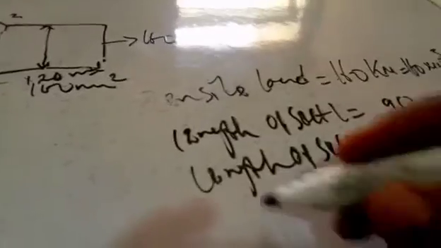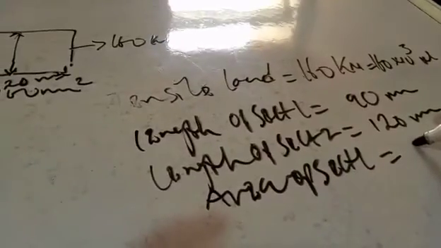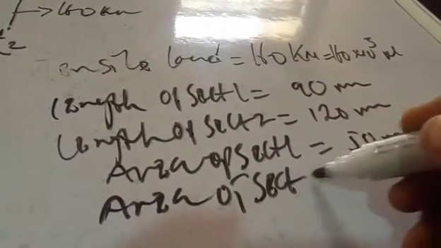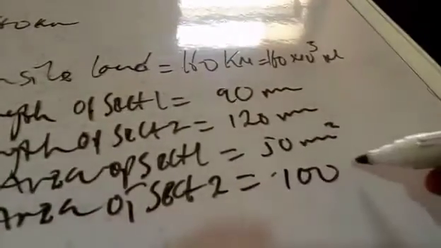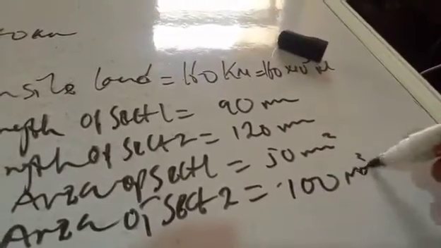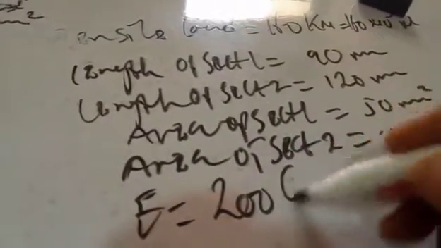We also have the area of section 1, which is equal to 50 millimeter squared, and the area of section 2 to be 100 millimeter squared. And we have our E to be 200 gigapascal.